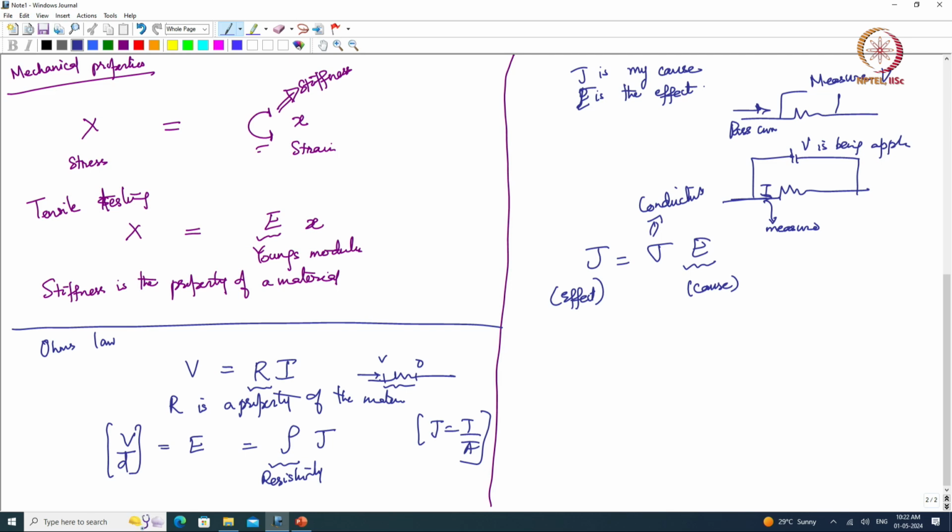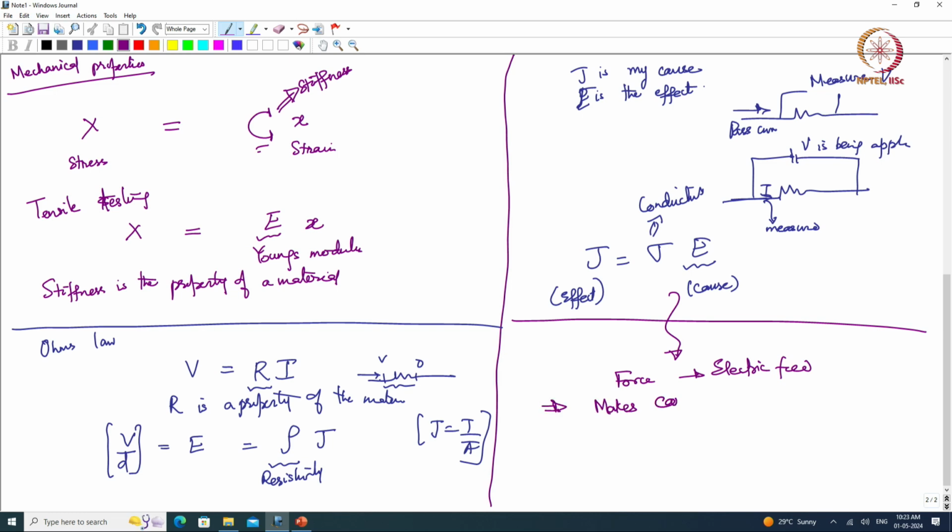So what is happening here in general? I have applied a force, which is my electric field, on carriers, or something that is moving, and this electric field makes carriers move. Carriers meaning electrons or holes, or ions or whatever they may be.